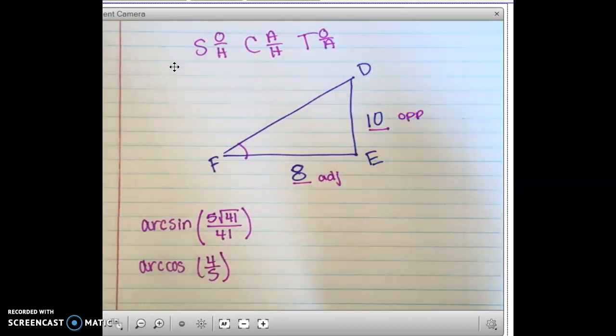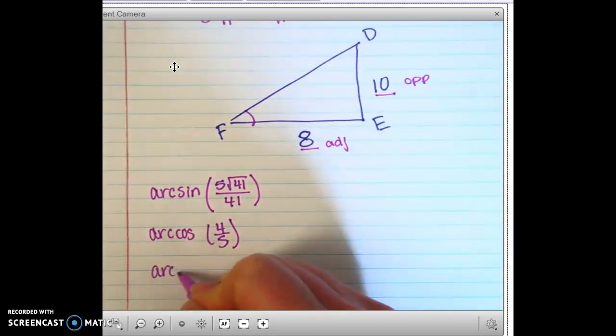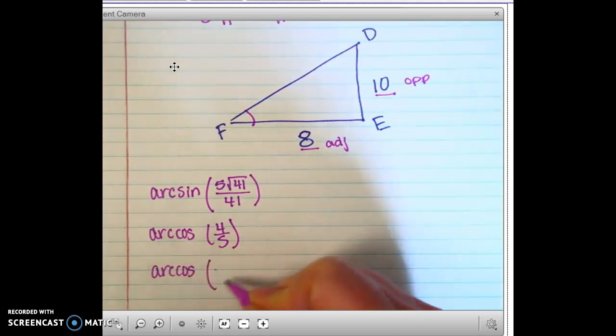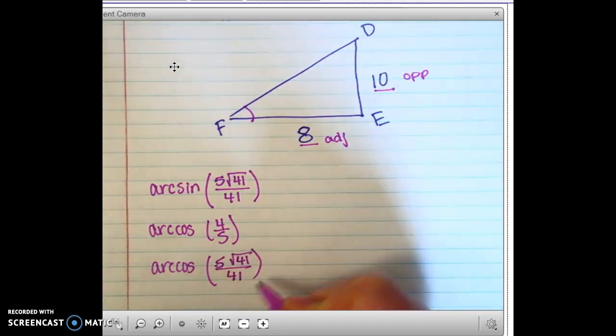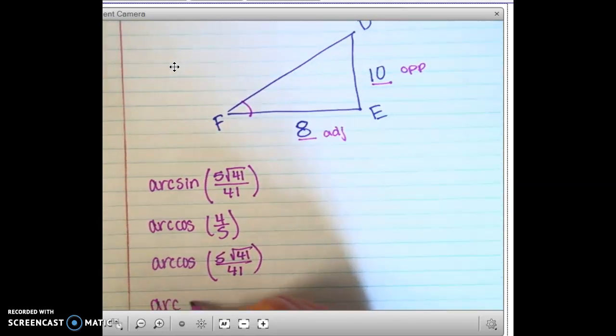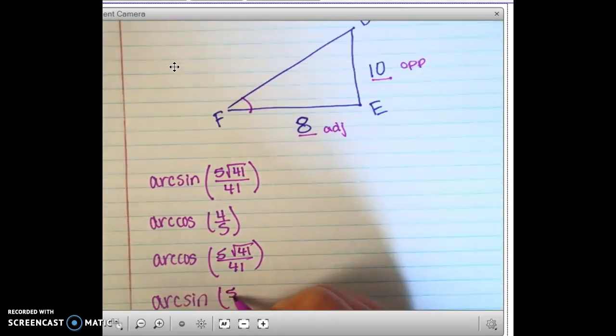We have arc cosine of 5 square root 41 over 41. And then we have arc sine of 5 over 4. So these are my answer choices.